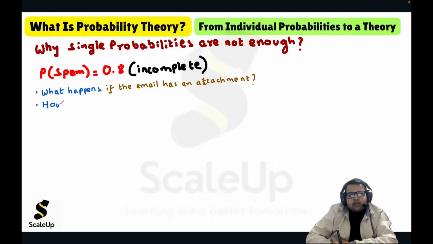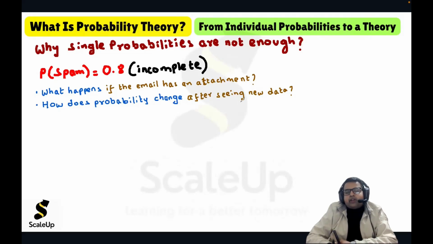We are also not considering how the probability changes after seeing new data. New data points will definitely influence the probability, so how exactly will it change? We are not considering that in the above calculation, because it is more of a frequentist probability, calculated based on frequencies.